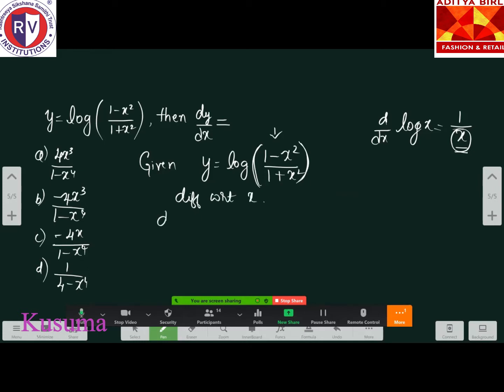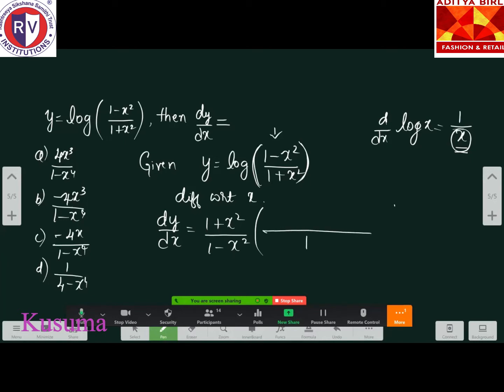Here dy by dx will be 1 by (1 minus x square divided by 1 plus x square). That can be written as (1 plus x square) divided by (1 minus x square), right? Further, we have to differentiate this using the quotient rule.